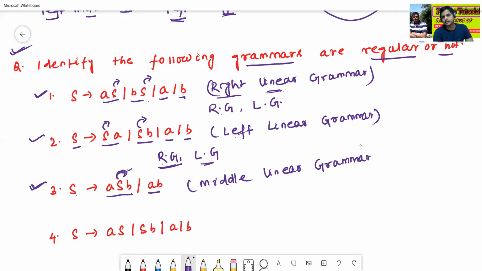Since it is a middle linear grammar, it is a linear grammar. A regular grammar is either left linear or right linear, and a middle linear grammar is neither, so it is a linear grammar.